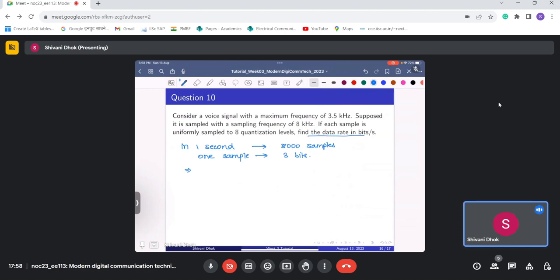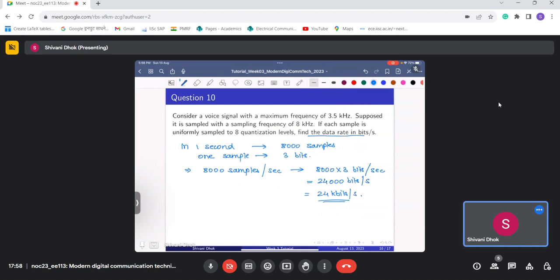If in 1 second I have 8,000 samples and one sample corresponds to 3 bits, then these 8,000 samples obtained per second are equivalent to 8,000 into 3 bits per second. So this is simply 8 3s are 24, so this is 24,000 bits per second, or simply 24 kilobits per second.